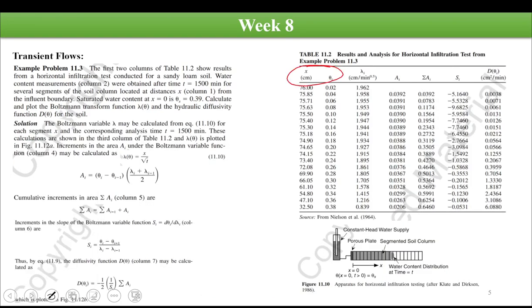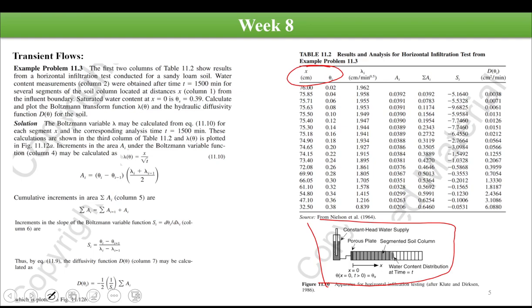X and theta I show the results from the horizontal infiltration test conducted, like in this experiment, for a sandy loam soil. Water content measurements were obtained after t equal to 1500 minutes for several segments of a soil column located at distance x from an influent boundary.